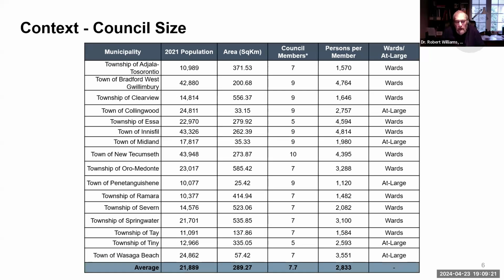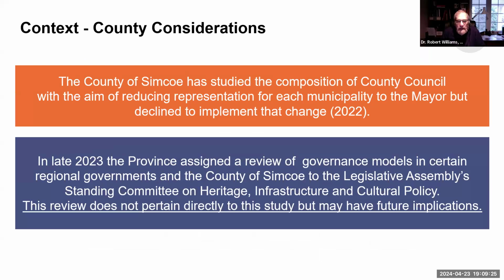So let's talk a little bit about the county situation, which is in the background, I'm going to say, in this. This is why we're calling it county considerations. Simcoe County also has the authority to change the composition of its council.